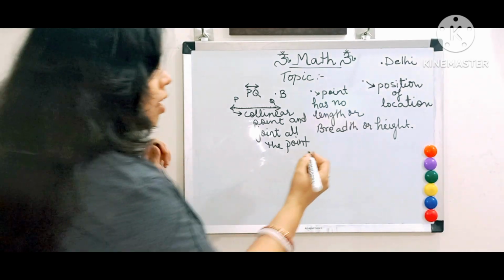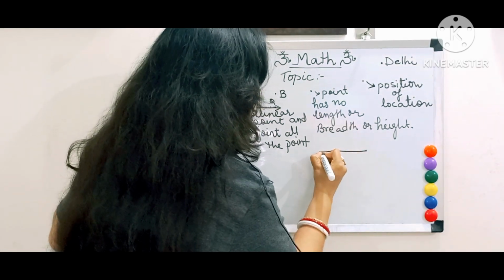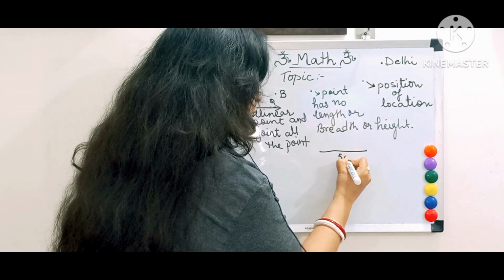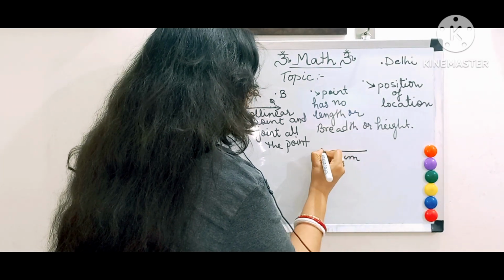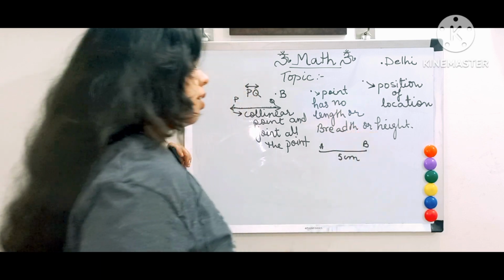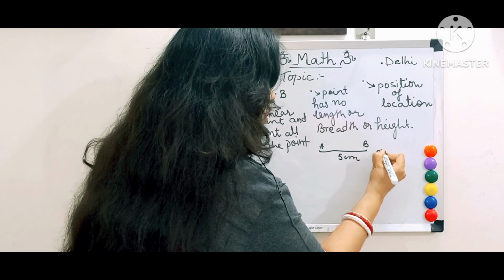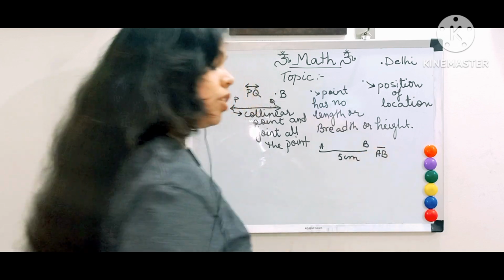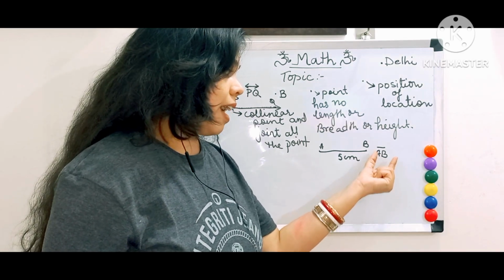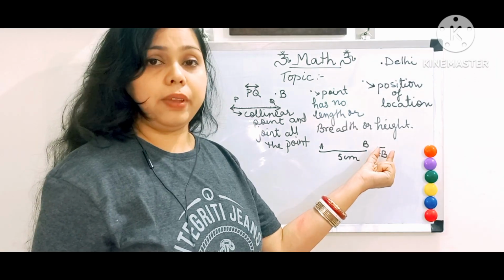Okay, so I can draw a line segment, and the measurement of the line segment is 5 centimeters, and it has a name like A, B. So this is line segment AB, and you will write the symbol of line segment AB as AB with a dash over it.